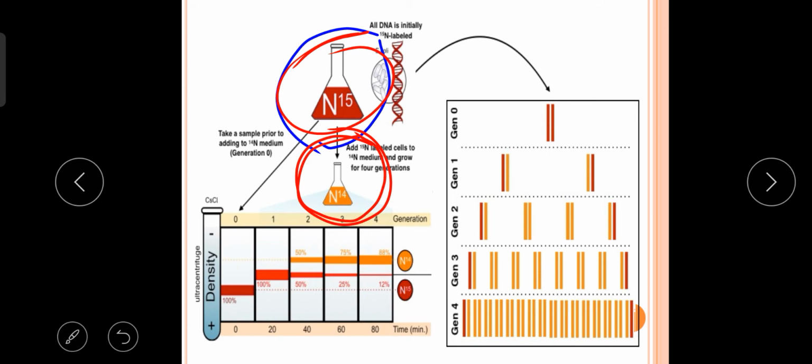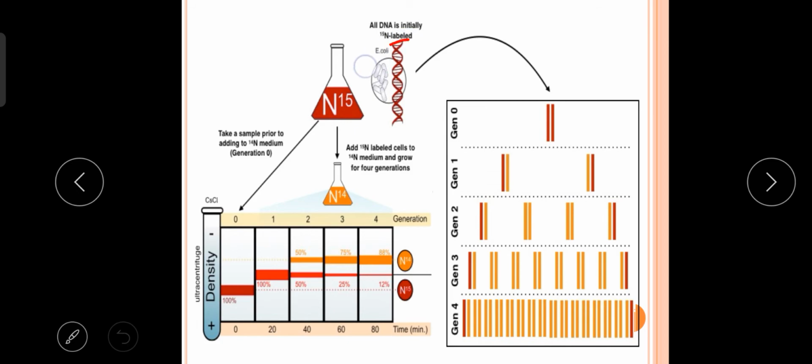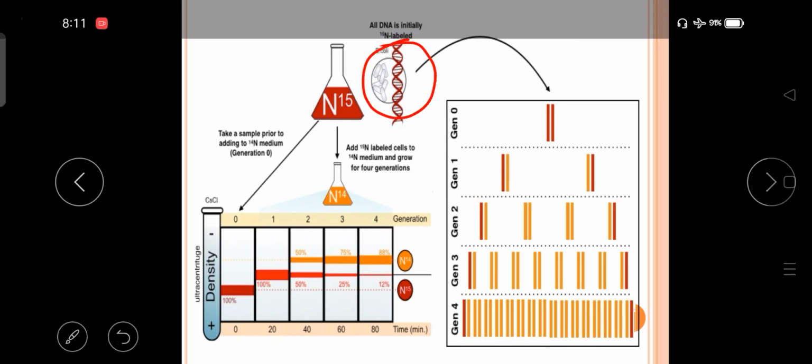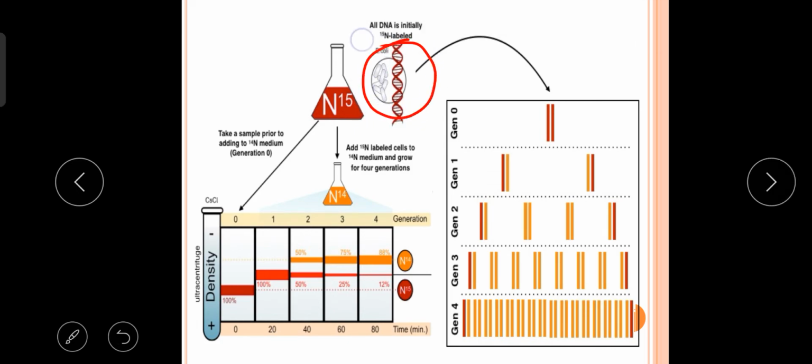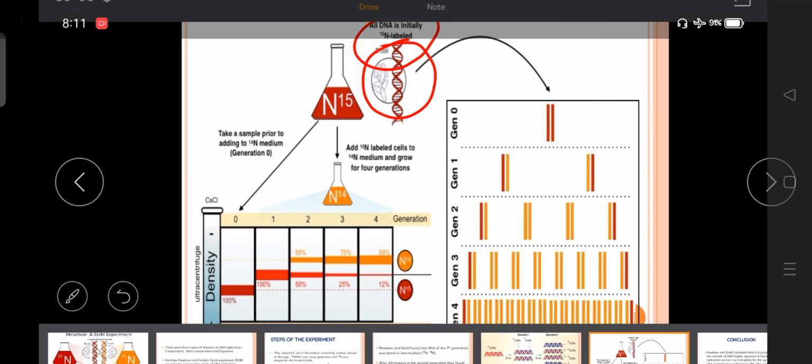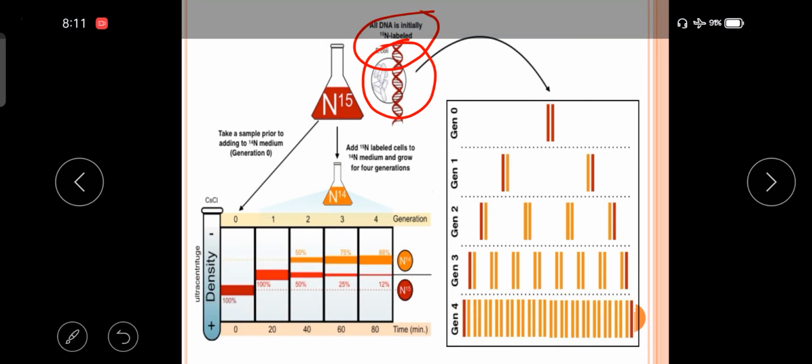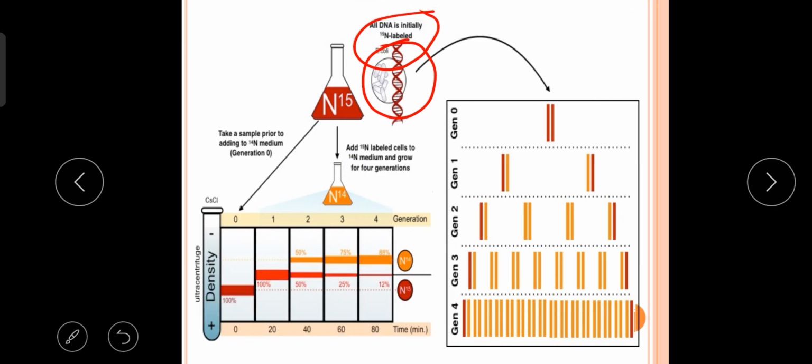Okay, so now they transfer the bacteria. This is the bacteria in the nitrogen 15. Okay, so all the DNA is initially labeled by 15N. Now they transfer this DNA to the new medium, which is the nitrogen 14.